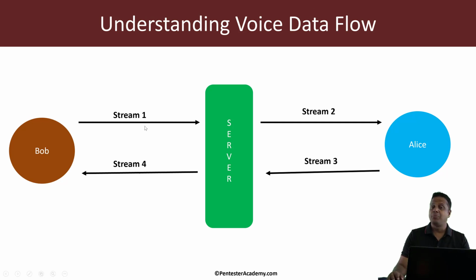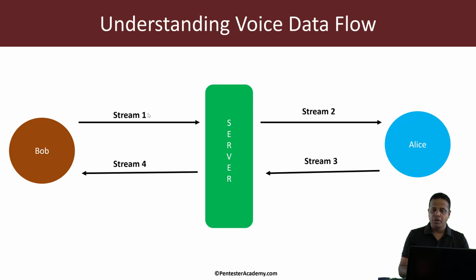Why this is important is that when we look at encryption of RTP with SRTP, you'll notice that each of these streams is independently encrypted with a different key. This is important because we'll have to deal with every stream separately.